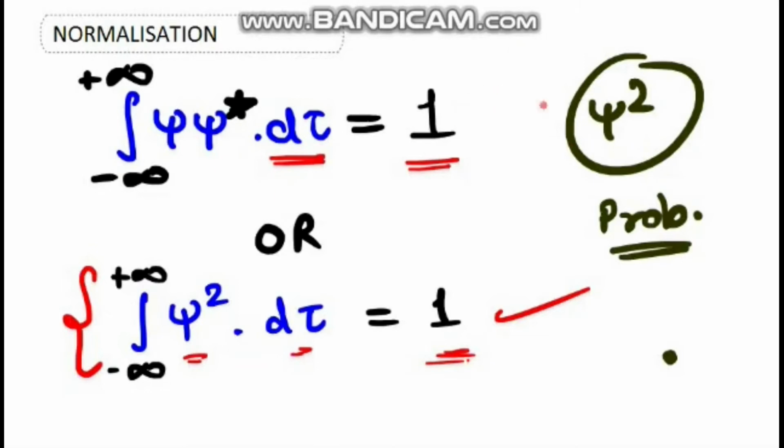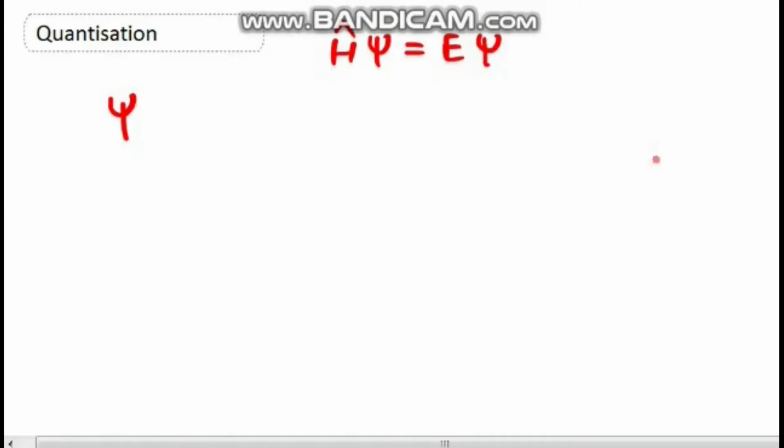If they do not follow this condition, then they can be removed. Now there is another condition, that psi cannot approach infinity. So this property is called quantization, that psi cannot approach infinity.